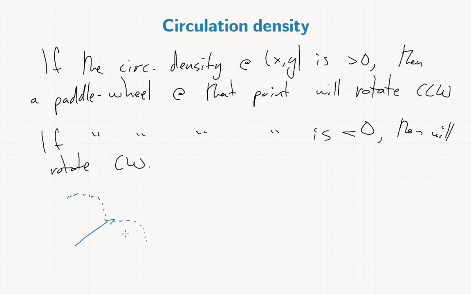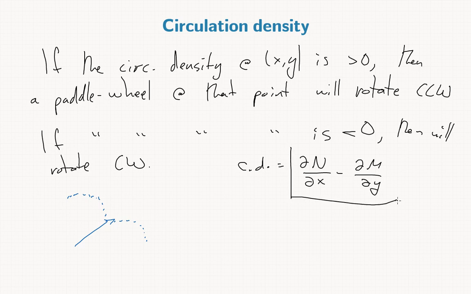It could be moving as we move around, sort of turning outwards counterclockwise or outwards clockwise. So the circulation density is del N by del x minus del M by del y.